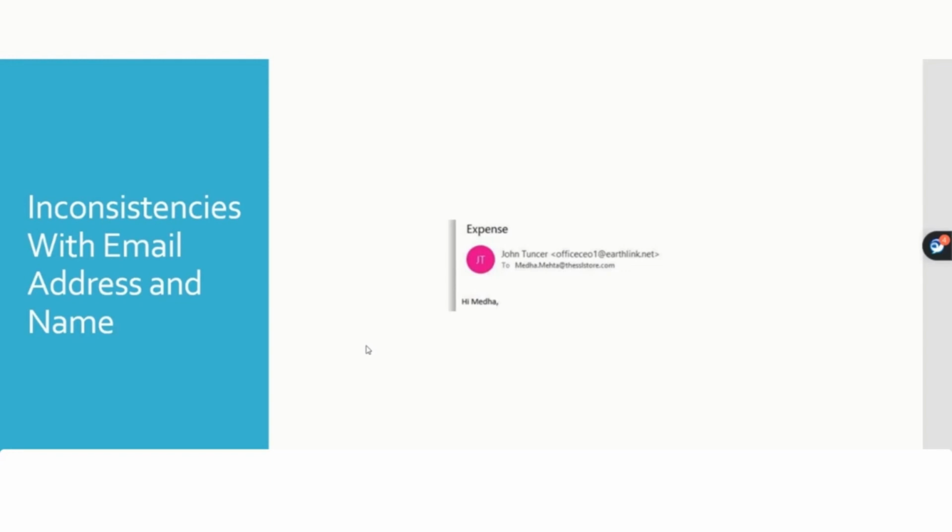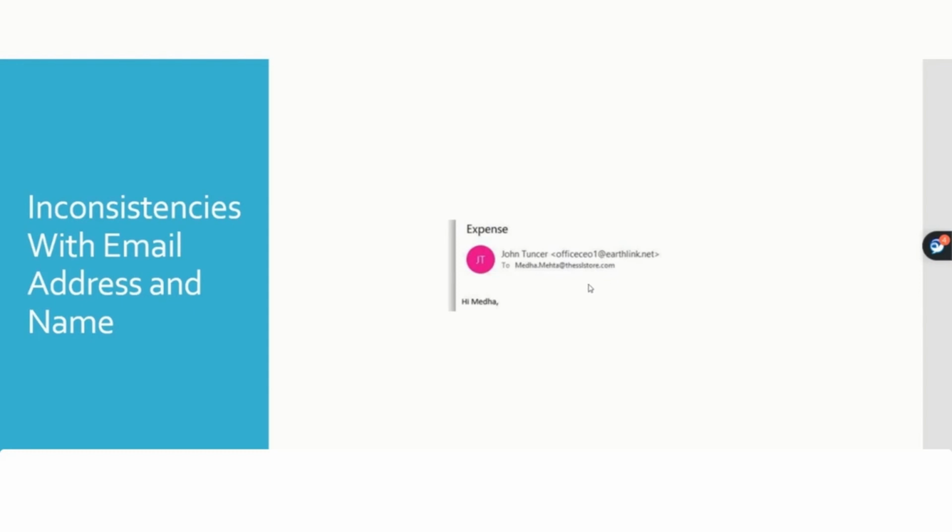Inconsistencies with email address and name. This is a great way to tell for sure if an email is suspicious, a phishing email or malware. Basically look at the email address. Like this one is from a John Tunzer. The email address it's sent from is officeceo1@earthlink.net.